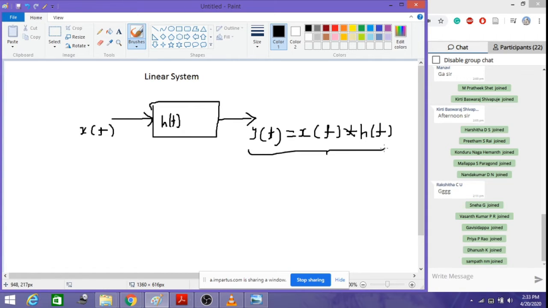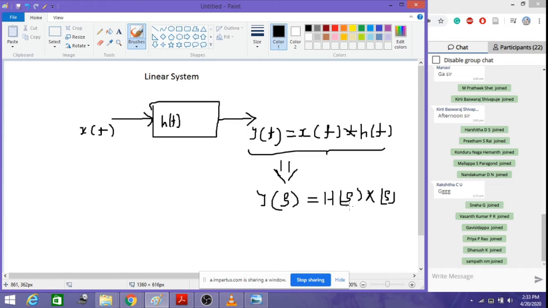With the convolution property, this will become a multiplication in the Laplace domain. So y of s is equal to h of s into x of s. Here h of s is called the transfer function in terms of the Laplace domain.